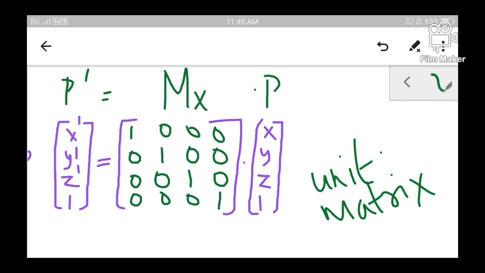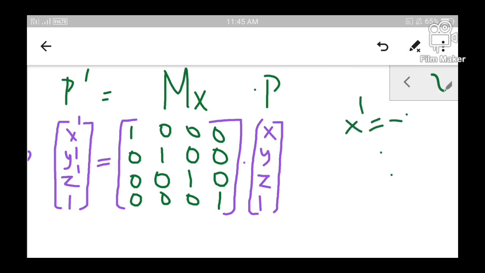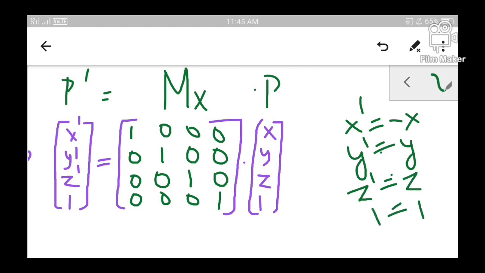So here I have written a square matrix which is a unit matrix. Now what does the equation say? The equation says the values that I must get are x dash equal to minus x, y dash equal to y, z dash equal to z and 1 equal to 1. This is the equation that I need.